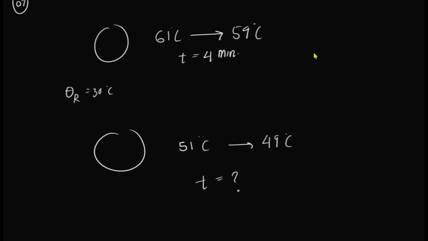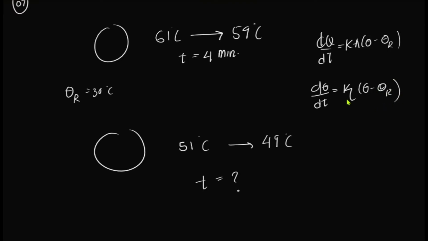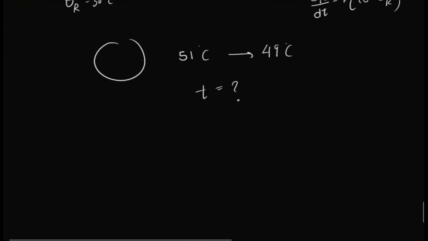You actually know we have two equations: dQ over dt is equal to Ka(θ minus θr), while the cooling rate equation dθ over dt is equal to Ka(θ minus θr). Out of these two, we need to use the cooling rate equation, since this is a temperature reduction problem.